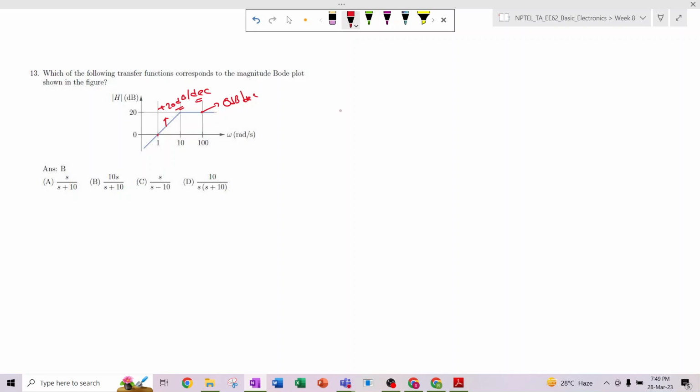So we can write the transfer function as H(s) equal to k into s, and then it has a pole at a certain point, that is a pole at 10. Pole-zero compensation happens: a zero contributes plus 20 dB per decade and a pole contributes minus 20 dB per decade. So both cancel out and we get 0 dB per decade.